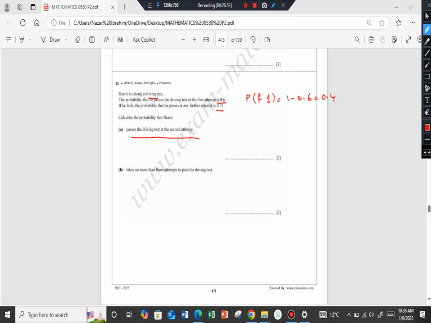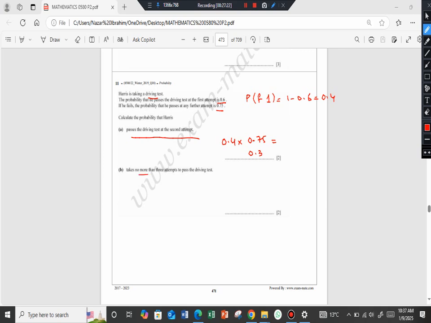So to pass at the second attempt, first he will definitely fail, with probability 0.4, and pass the second attempt with 0.75. So 0.4 times 0.75 is 0.3. So we have 0.3 as the probability of passing the driving test at the second attempt.